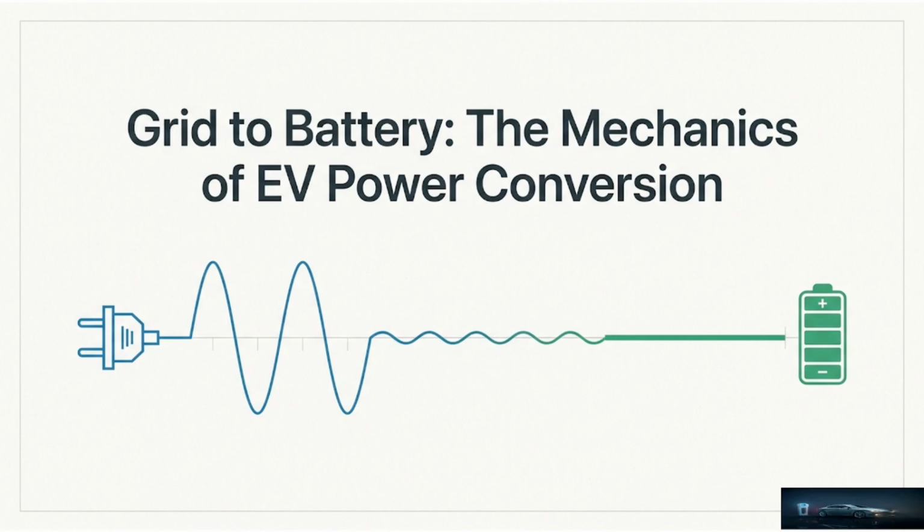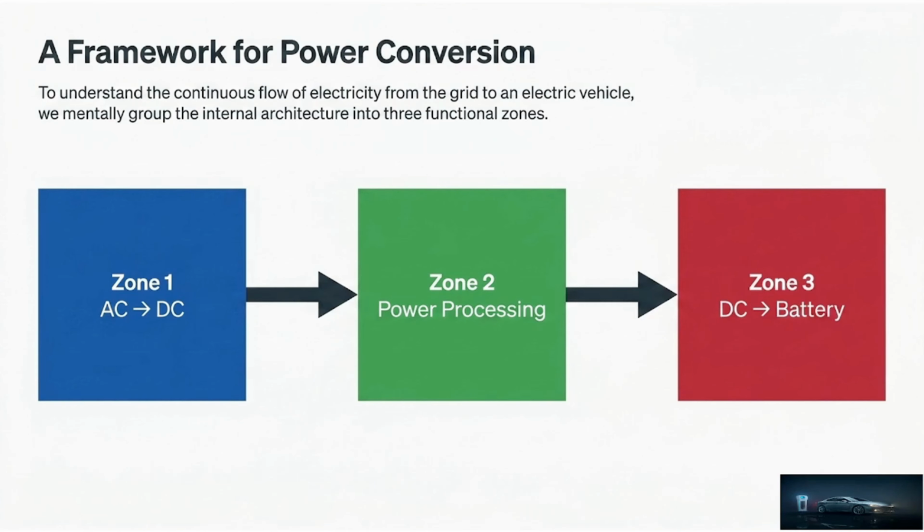So today we will talk about zone 3. Let me jump to the slide. Yeah, this is our last zone. We will look at all the components in zone 3 one by one.